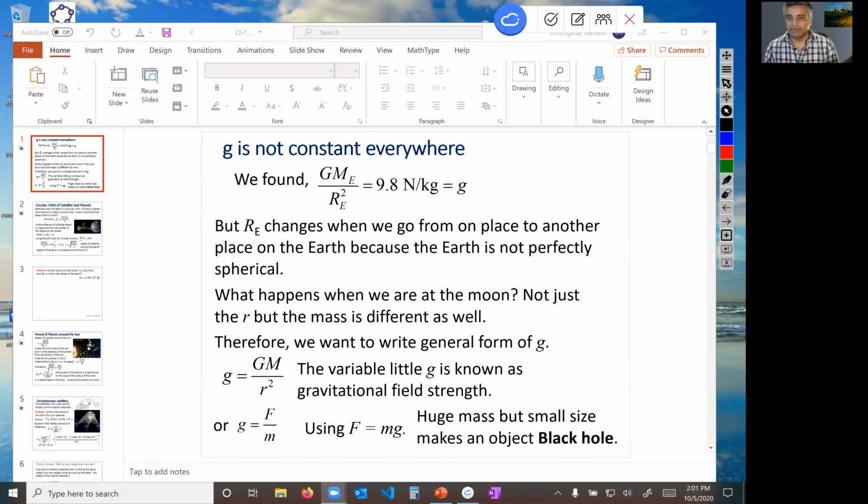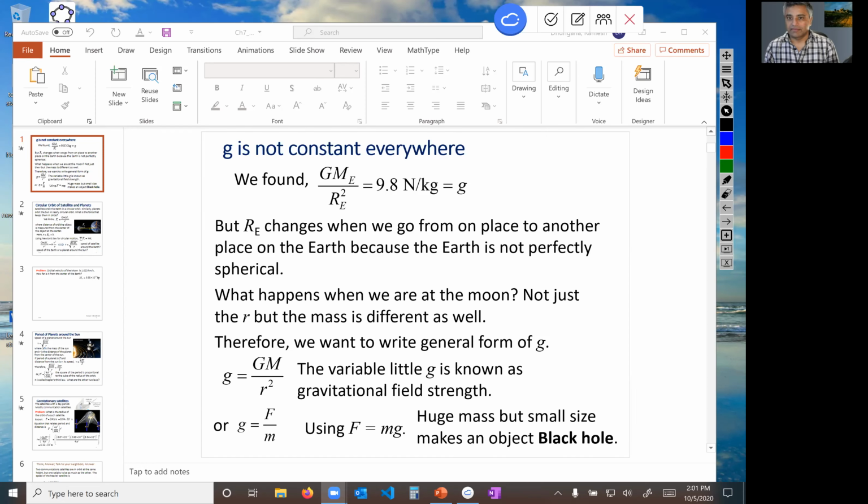But it also depends on R. Although the mass of Jupiter is larger than the mass of the Earth, at the same time the radius of Jupiter is also larger. So we have to take account of both of these while finding those values, okay? And when we take account of both, the value of g is still larger than the value of g here on the Earth.